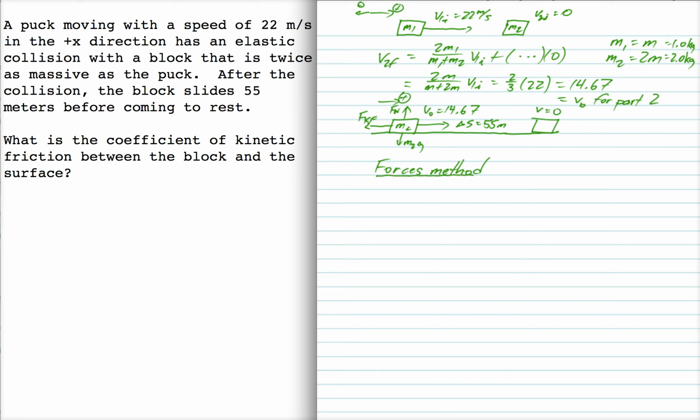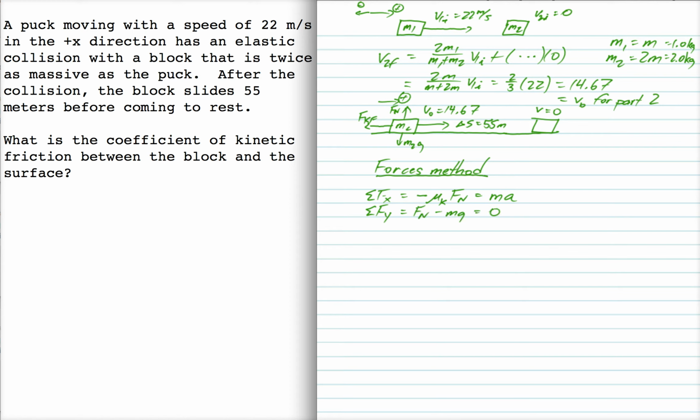Okay, so if I want to use the forces method to find the coefficient of kinetic friction, then I would say, well, the sum of all my x forces is equal to minus the force of kinetic friction, and that's equal to the mass times the acceleration. And the sum of all y forces is equal to plus the normal force minus gravity, and that's equal to 0.